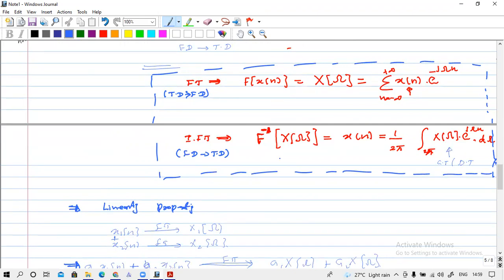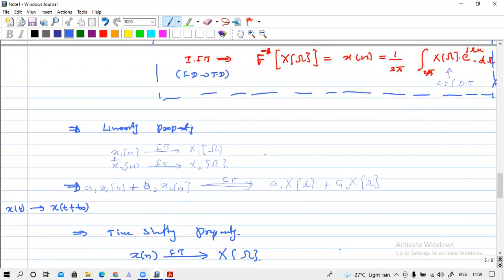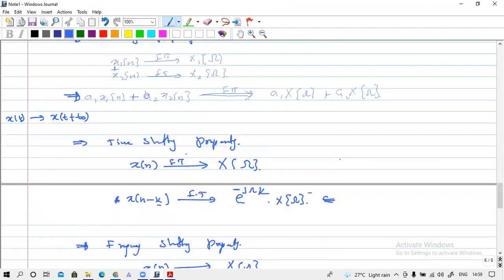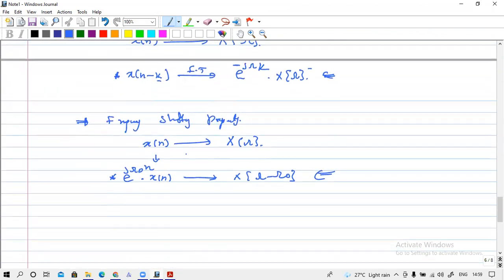You should be able to use the first principle identity and also these three properties: linearity property, time shifting property, and frequency shifting property.